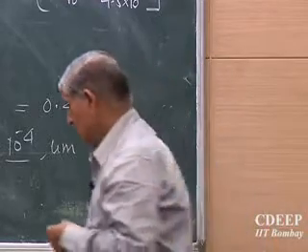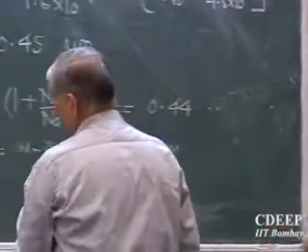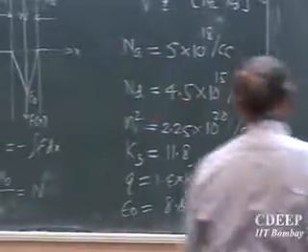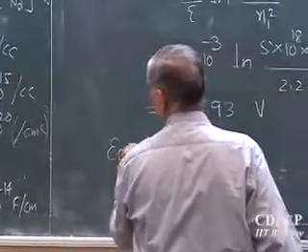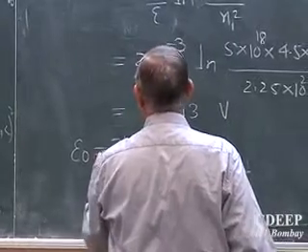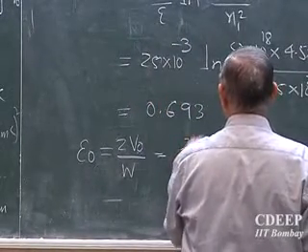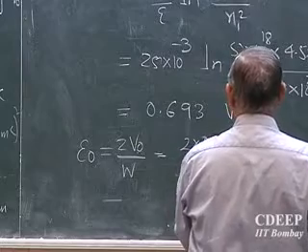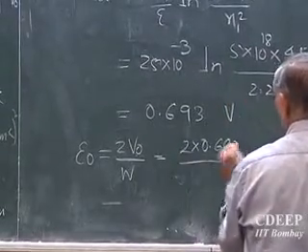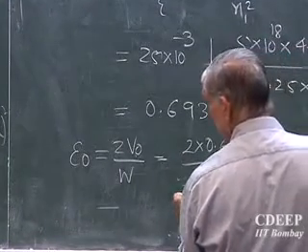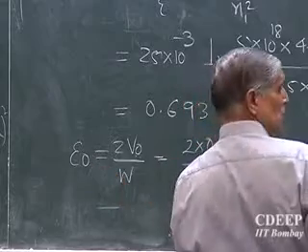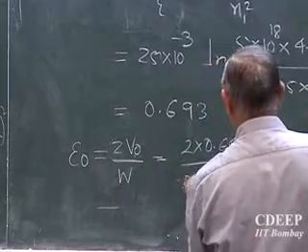Now having done this, if someone wants to know E0, how much is E0 from this formula? E0 is equal to 2V0 by W. So you can say 2 into 0.69 volts, divided by W, which is 0.45 microns.